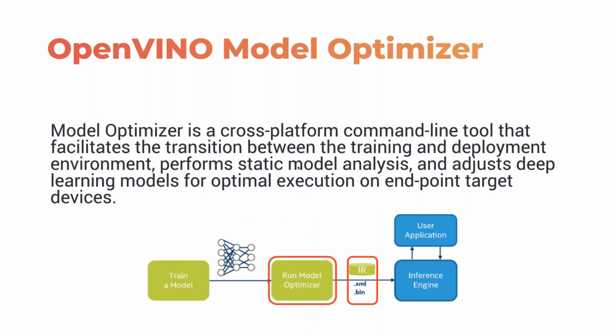The model optimizer is a cross-platform command line tool, which acts as a channel between the training and deployment environments. Obviously, if you bring a fully trained TensorFlow or Caffe model and run it on the edge without any optimization, you don't get any performance benefit, because these models are expected to run on very high-end CPUs or a combination of CPUs and GPUs.